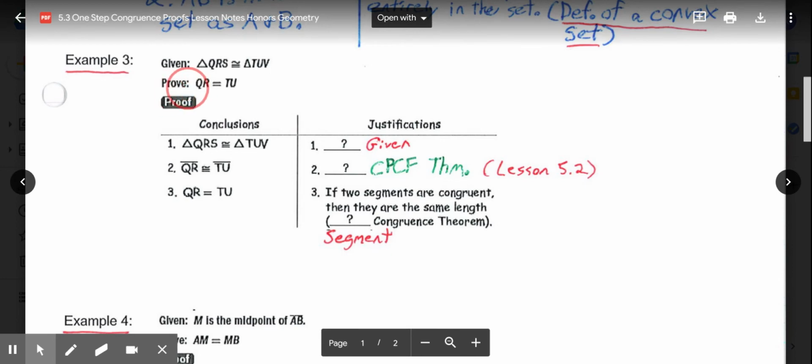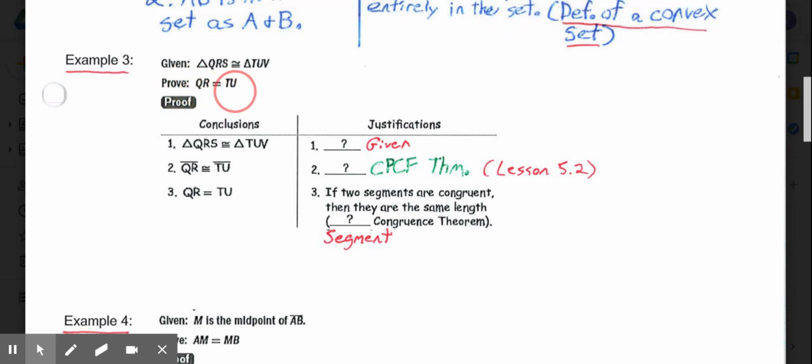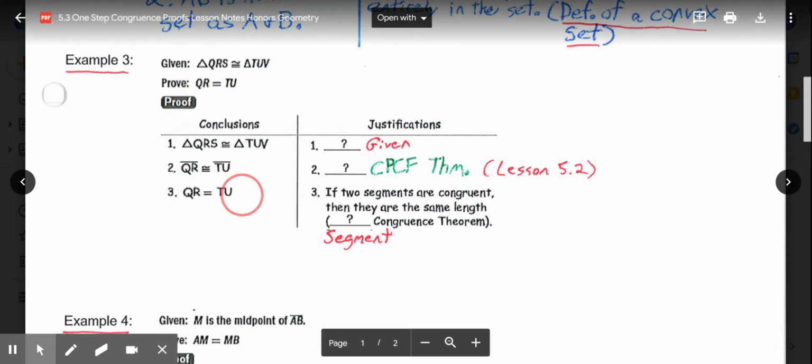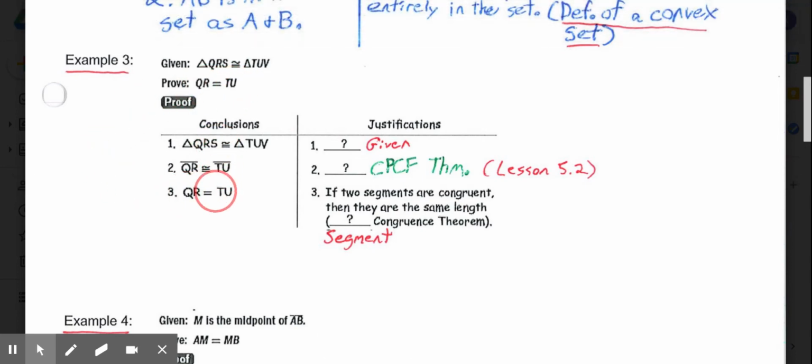If it's written as a prove statement, we're trying to prove the distance of QR is equal to TU. Whatever you're trying to prove is always your final conclusion. Anything in between the first and the final is getting a step closer.